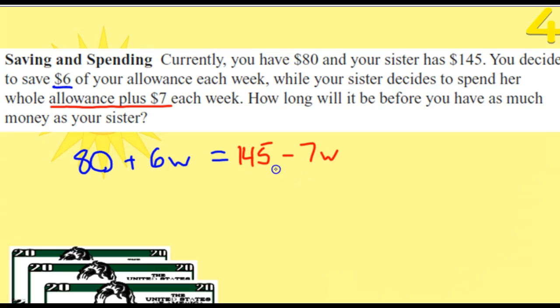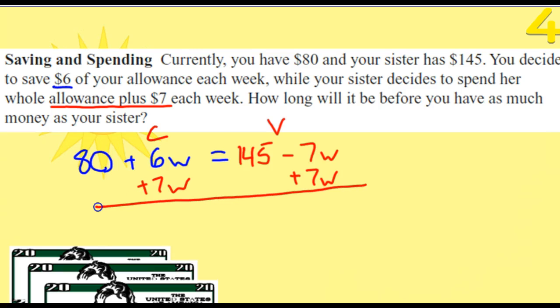So what we're going to have to do then is figure this out with our two W's on either side. So I'm going to make this my variable side and this my constant side, which means I'm going to add 7W to both sides. On this side I get 145 equals 13W plus 80.